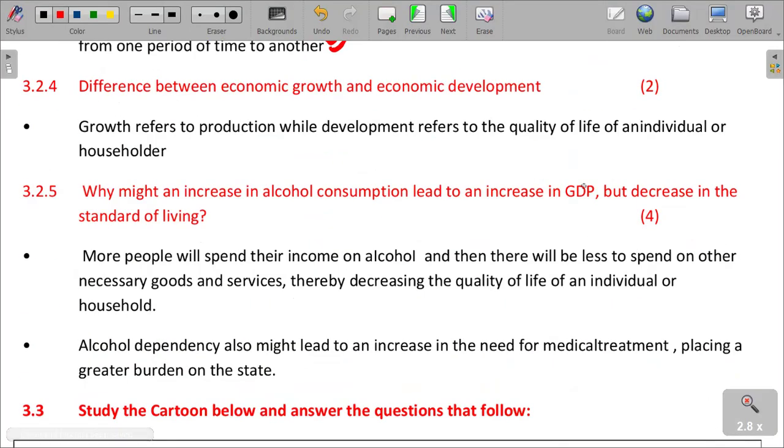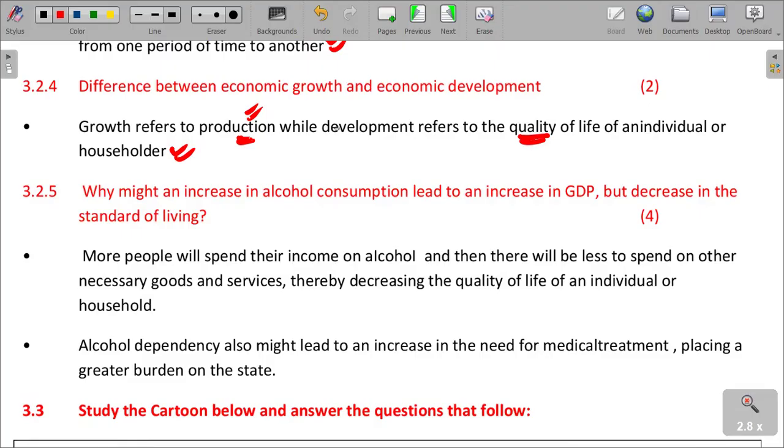The next question is saying differentiate between economic growth and economic development. Growth refers to production, while development refers to quality of life of an individual or household. Growth looks at production, whereas development focuses on quality of life of an individual or a household.